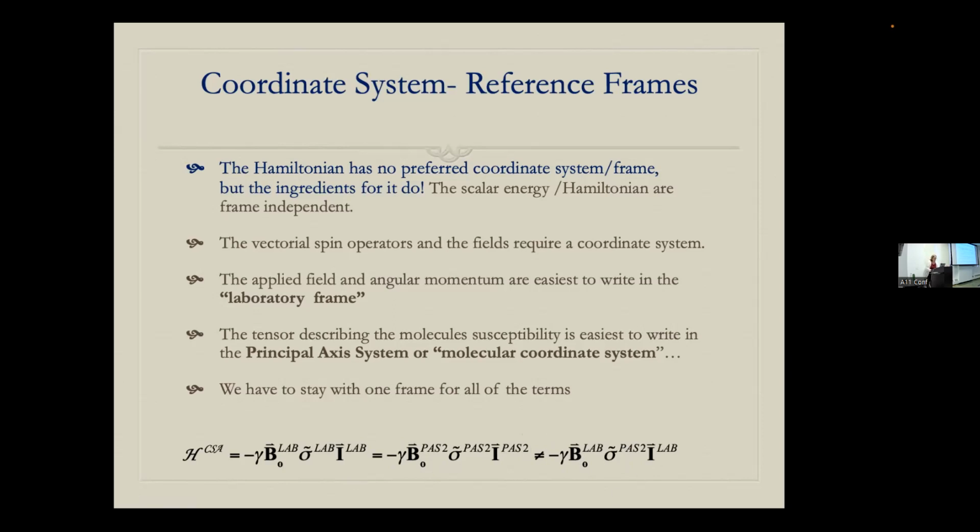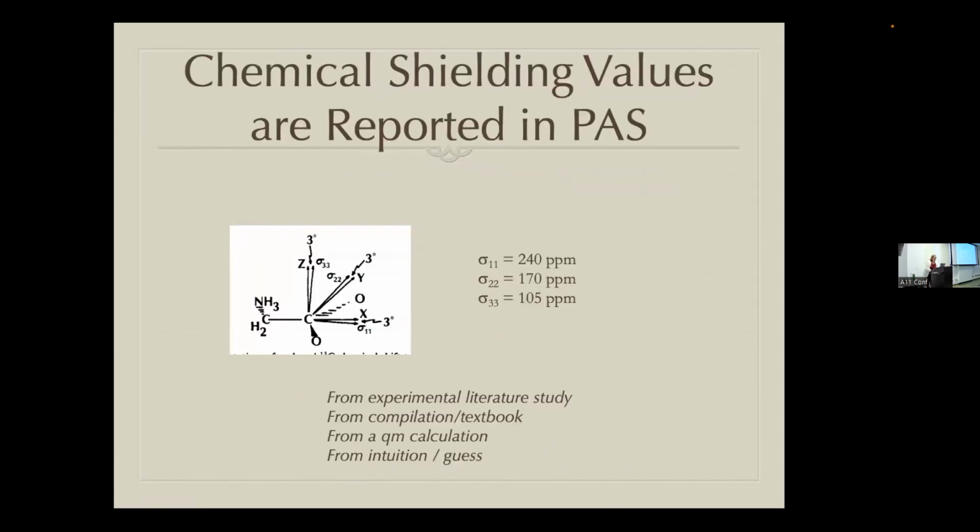All right. So it becomes clear that what we need to do is convert reference frames. That's the job we have to do when we predict spectra. Like here, this is a coordinate system for the molecule. We mentioned this already, but just to put it up one last time. Sigma 3,3 perpendicular to the aromatic plane, Sigma 1,1.